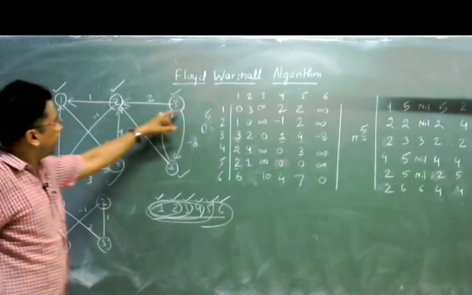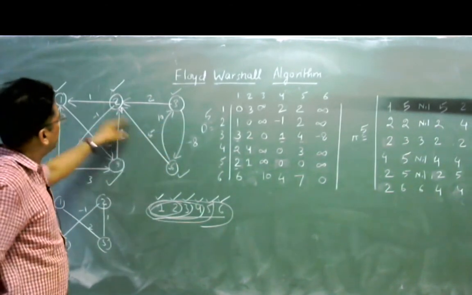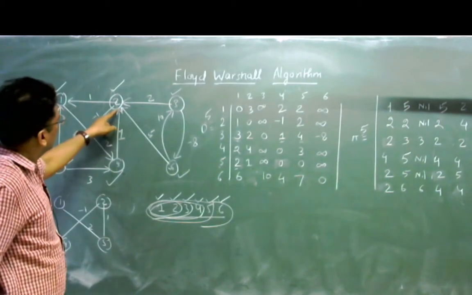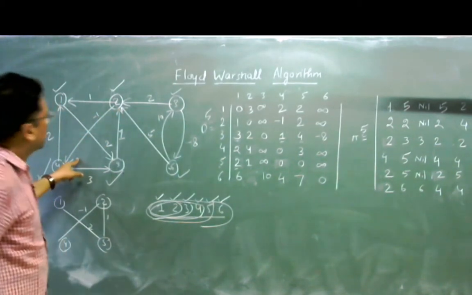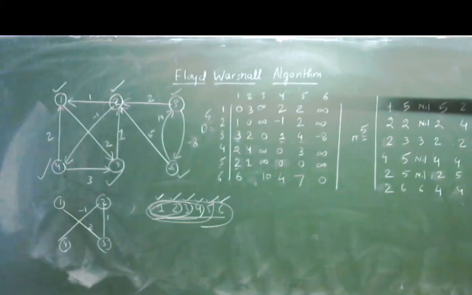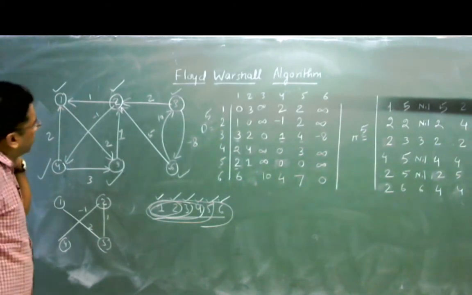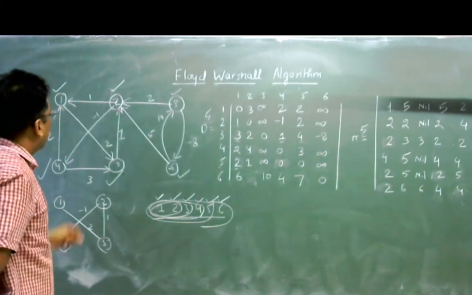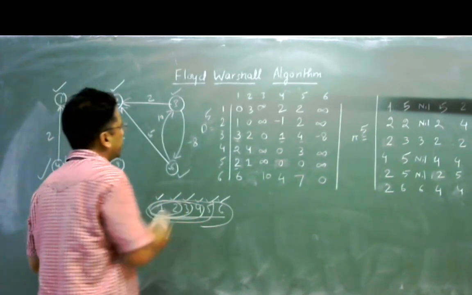So -8 plus 5 and -1. Now again this is creating a negative cycle formation.